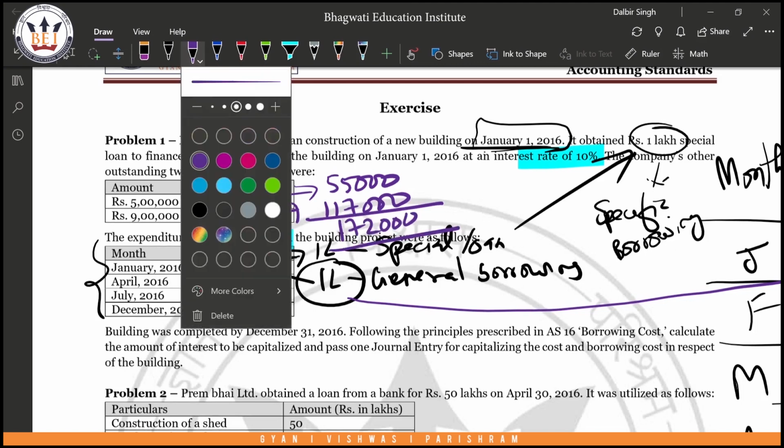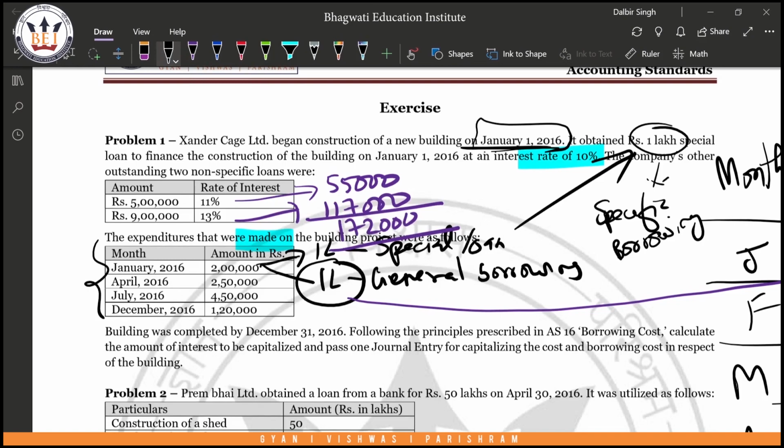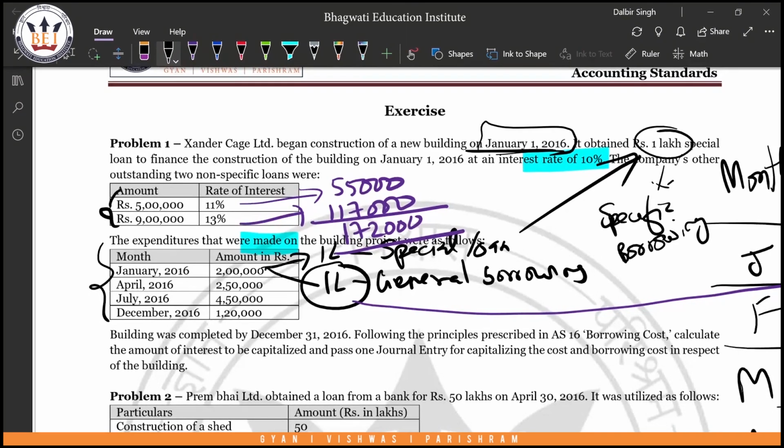That is the total interest for the year, 1 lakh 72,000. Now this 1 lakh 72,000 is for how much loan? It is for 14 lakhs, which means if I find the ratio, what ratio? 1 lakh 72,000 divided by 14 lakhs, into 100.